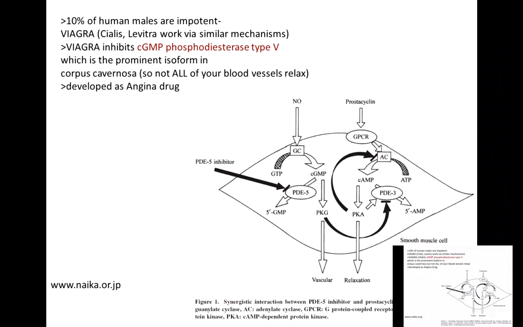And that story comes from how the drug was filed for a patent in the clinical trials. And the clinical trials were aimed at treating angina, which is a heart disease problem that is related to restricted blood flow in the heart. And so by opening up blood vessels in the heart, you can treat angina.